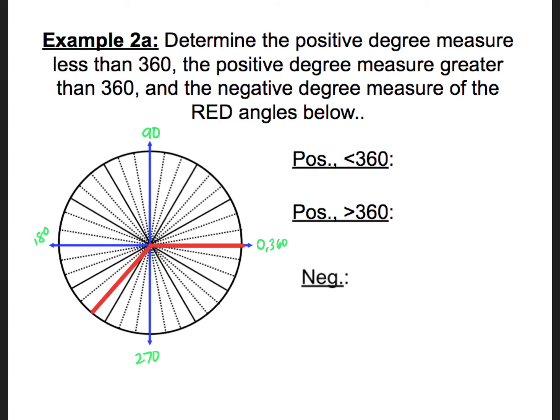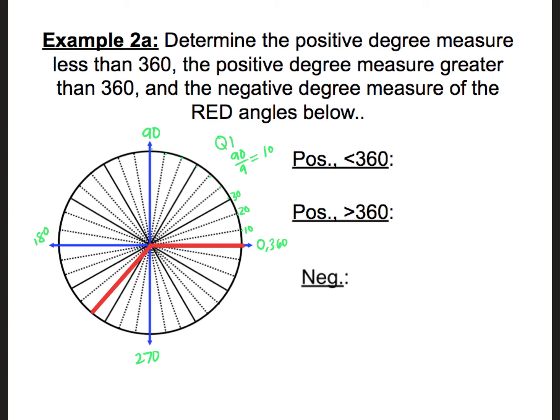Remember, if you check your picture, we go from 0 to 90 in my first quadrant, Q1 here. I have 1, 2, 3, 4, 5, 6, 7, 8, 9 parts. We already did this on the other slide, but 90 divided by 9 gives me 10. So each of my little tick marks goes up by 10: 10, 20, 30, so on and so forth. You don't have to label them all.